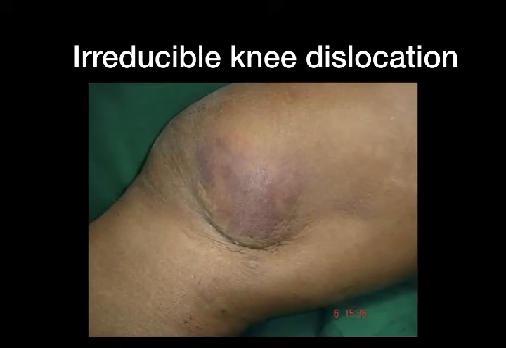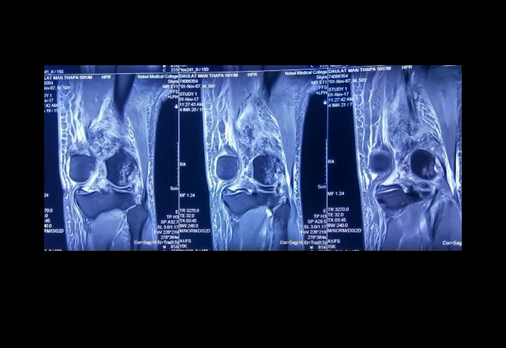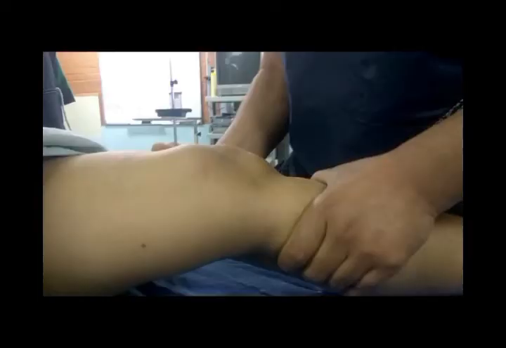But there are some knee dislocations which cannot be reduced by closed means, and this is the pathognomonic external sign of irreducible knee dislocation called Pucker sign, which we discussed in the last class. This Pucker sign is because of incarceration of medial structures of the knee joint into the joint space. Then this is the MRI picture in which we can see the incarceration of medial structures into the knee joint, thus leading to irreducible knee dislocation.